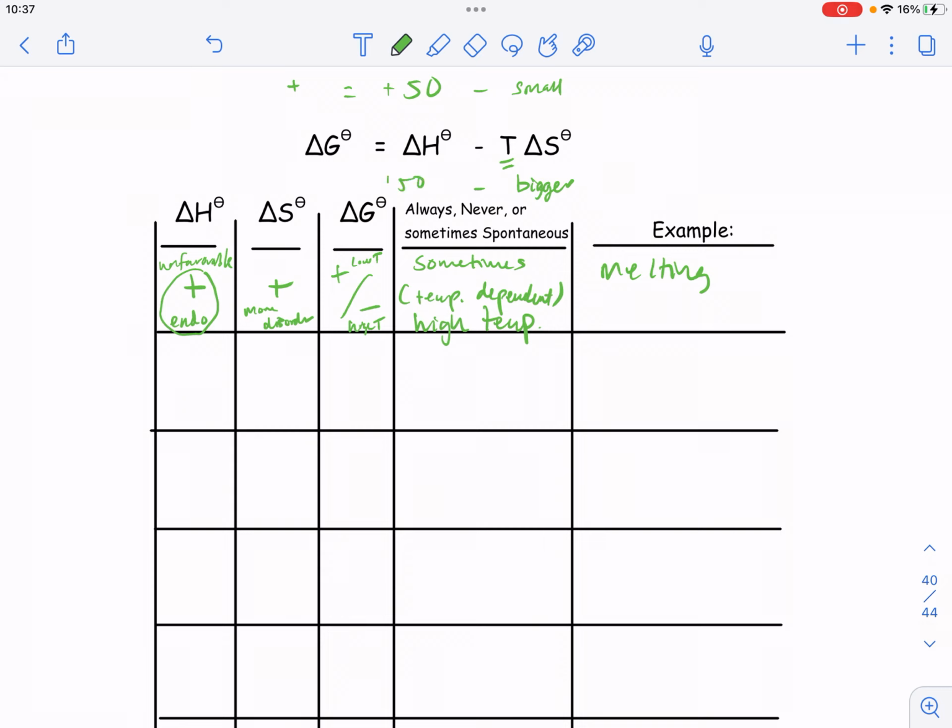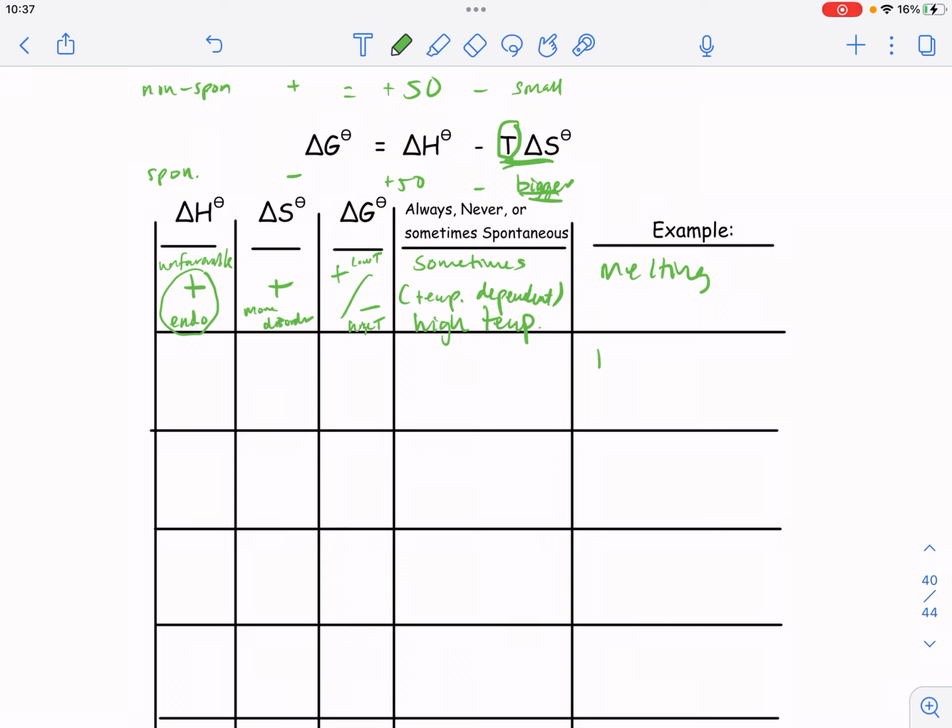And so you'll have 50 here, but you'll be subtracting out a big number from 50, and eventually the delta G will go negative. And so when delta G is positive, we say it's non-spontaneous. And when delta G is negative, then we say it is spontaneous. And so the temperature affects whether or not this type of reaction is spontaneous or not, and you're multiplying it by that entropy term.